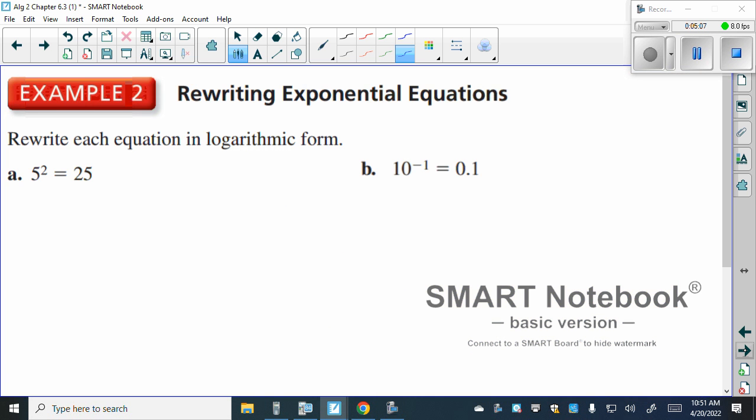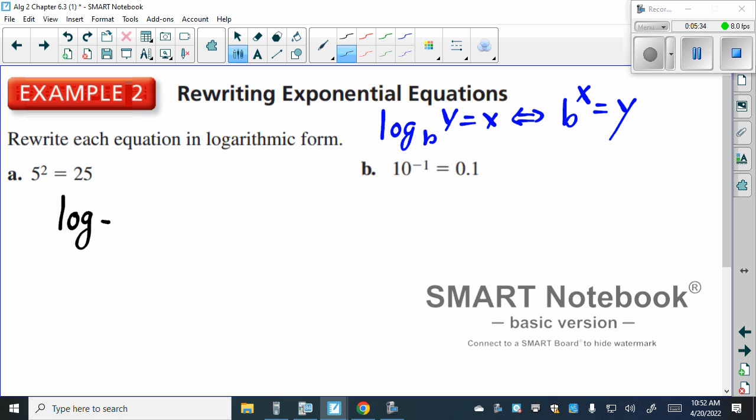Okay. Now, we're going the other way around. Up to this point, we've been going from logarithmic to exponential. Now we're going to go from exponential to logarithmic. So how do we think we would rewrite 5 squared equals 25 as a logarithm?